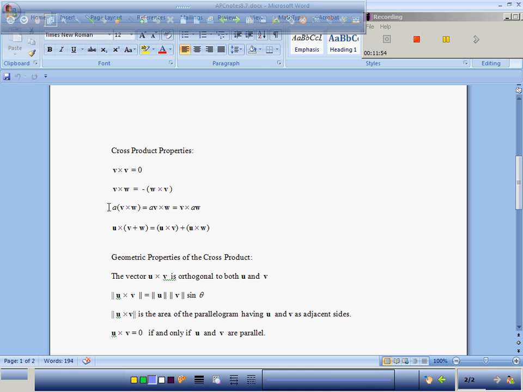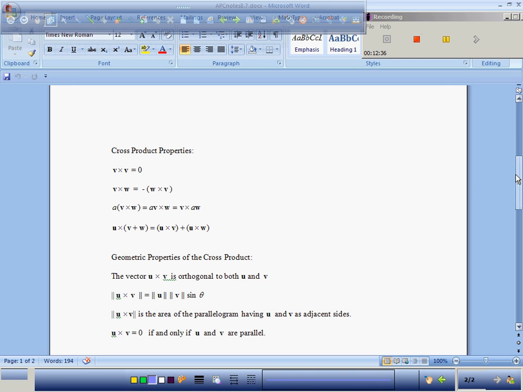So if you want to multiply the whole thing by 2, you would multiply one of the vectors by 2 and then do the cross product. And the distributive property does work with vectors. So u cross (v plus w) is equal to u cross v plus u cross w.